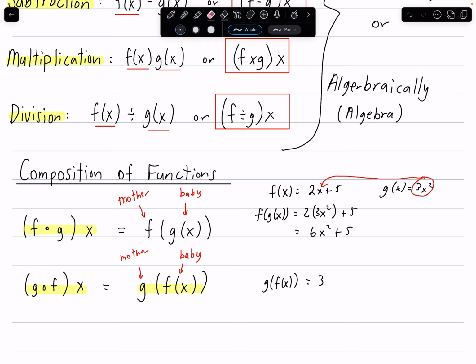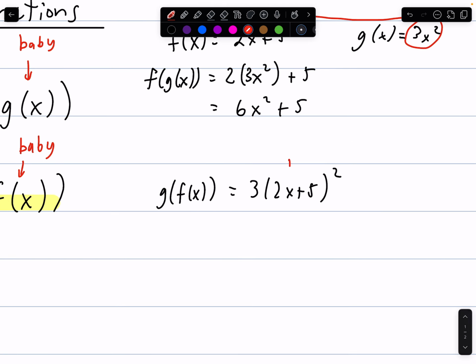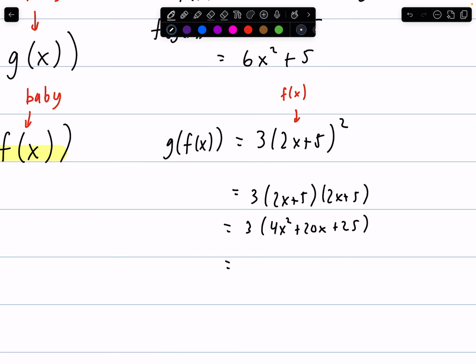So it would be 3 bracket 2x plus 5 squared. So you see how we took the f at x and plugged it in here. So here we have 2x plus 5, and then we would simplify it. So we got 3 times 4x squared plus 10x plus 10x plus 25. And then we would expand this out, so we'd have 12x squared plus 60x plus 75.